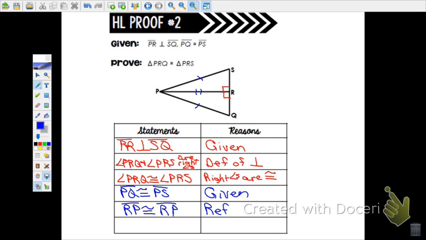That is reflexive. And then we have our three parts. So triangle PRQ is congruent to triangle PRS using hypotenuse leg.